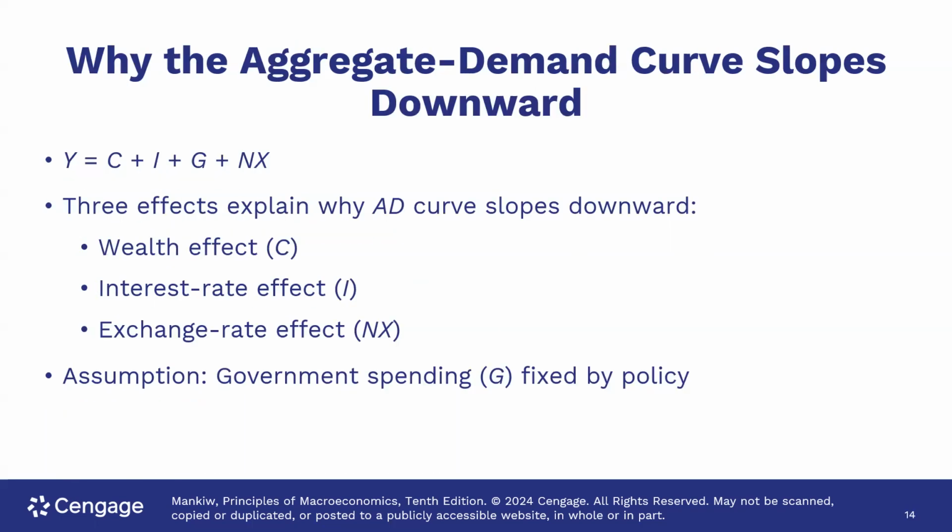Right? So for the consumption, what is the wealth effect? The wealth effect means that when people have a higher nominal income or a higher nominal value for their assets, they tend to spend more. Let me give you one example. Suppose you own a house, and this house does not give you income.